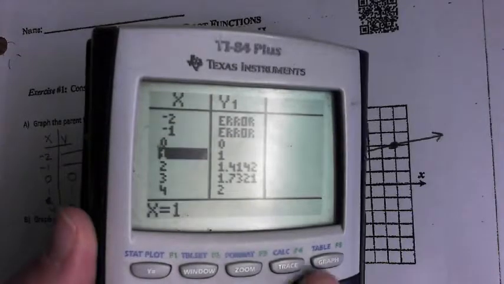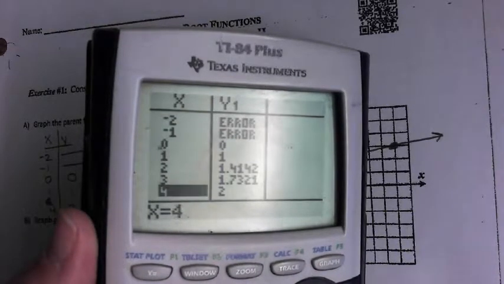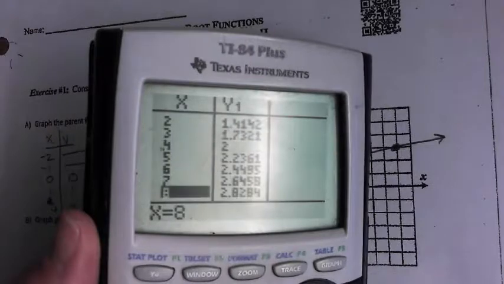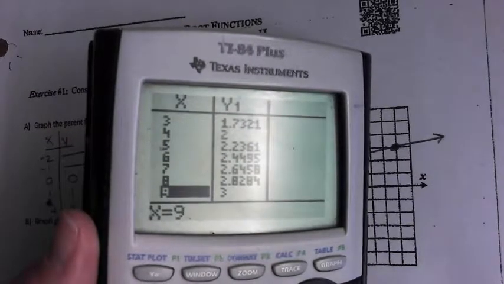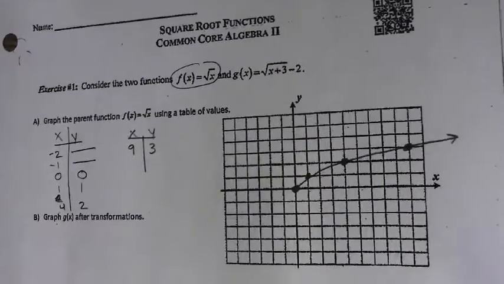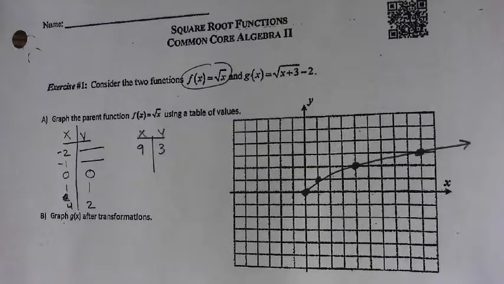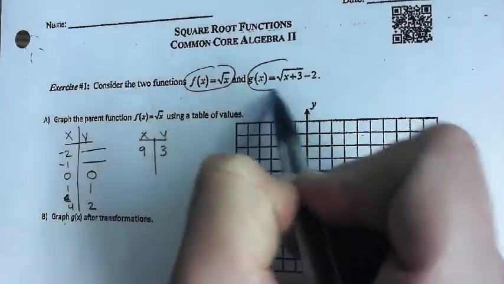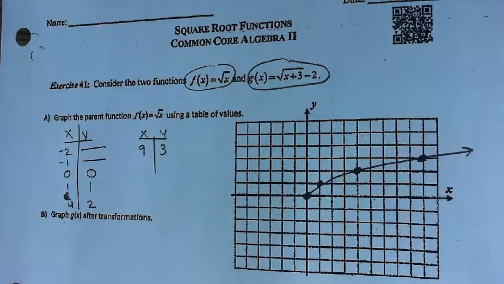And you can just pick your nice points, 0, 0, 1, 1, 4, 2, 9, 3, and so on and so forth, and just grab a small sample of points from your table to graph an accurate picture. You good? Okay. Now, thinking about transformations, because every family of functions, in this case radical functions.